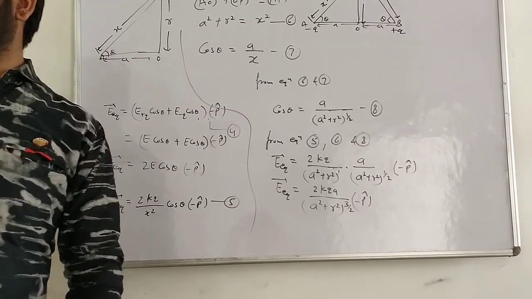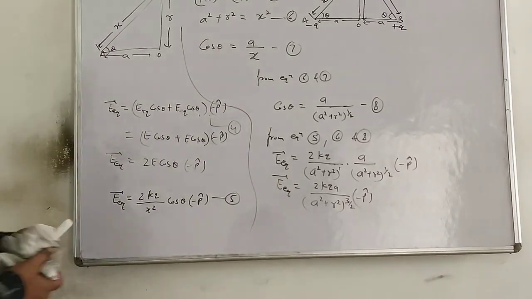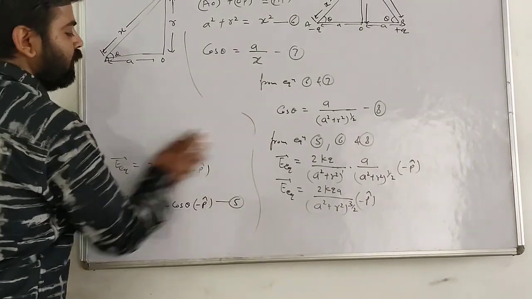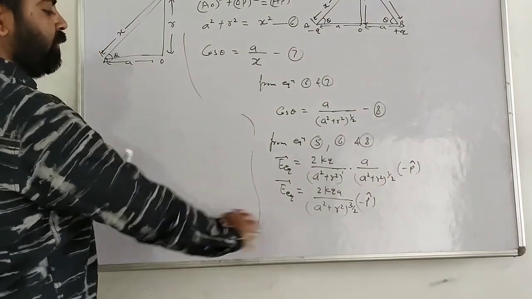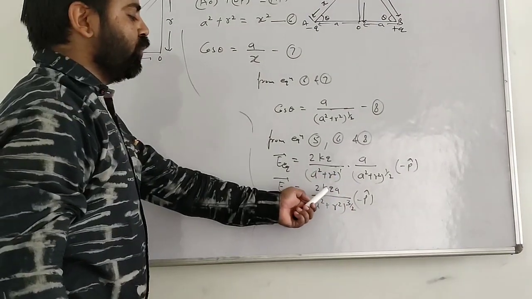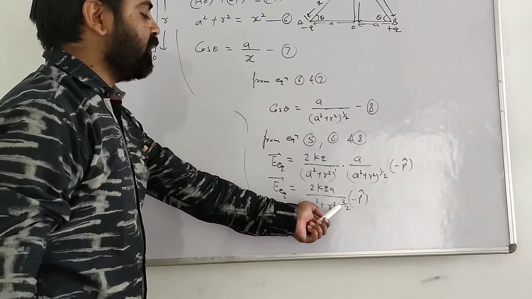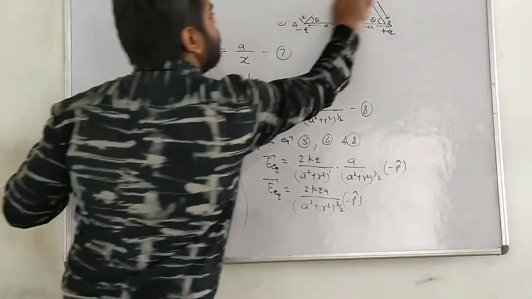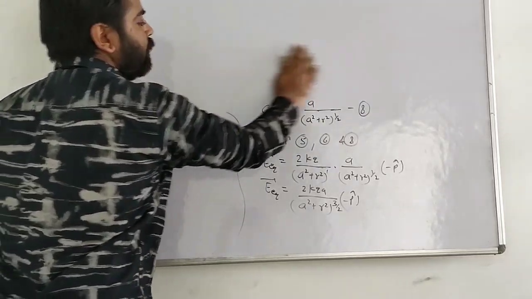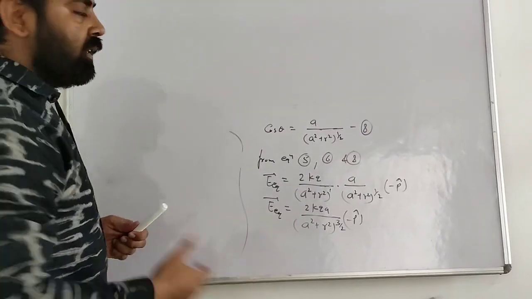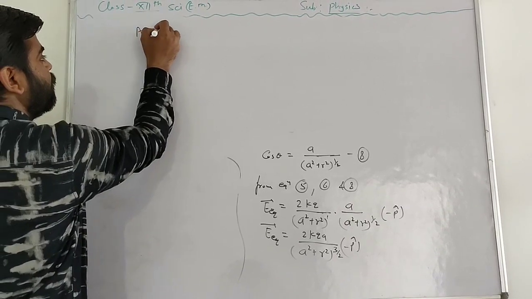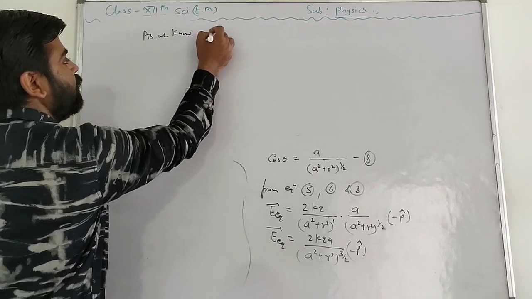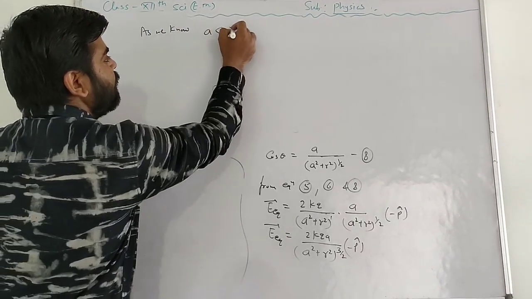Now again we simplify this equation. E equatorial is equal to 2kqa upon a square plus r square to power 3 by 2. As we know, small a is less than small r.